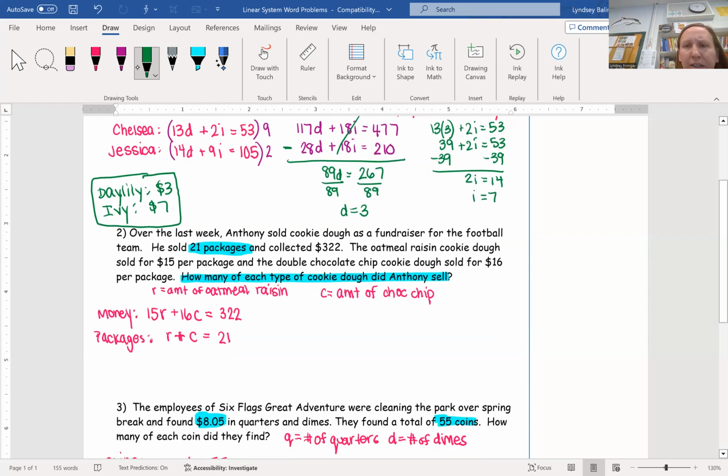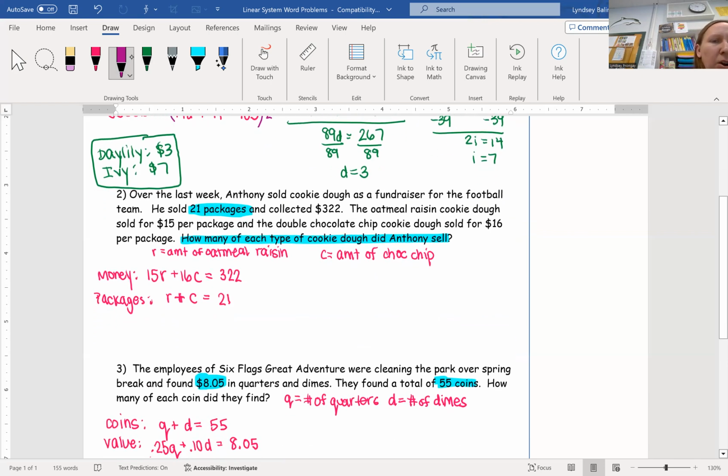Okay. For the next one, I said substitution kind of looks good to me. So I'm going to say, let's get the R by itself by subtracting C, which means R is 21 minus C. And now I'm going to plug that in to the R in the other equation. So instead of 15R, it's going to be 15 times 21 minus C plus 16C equals 322.